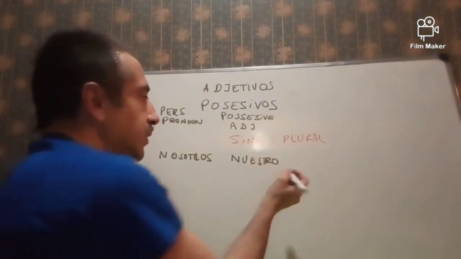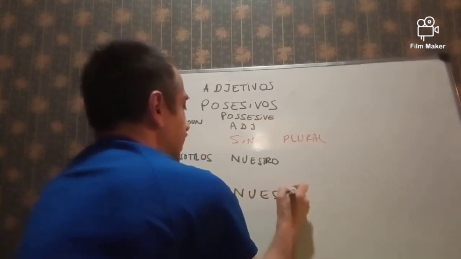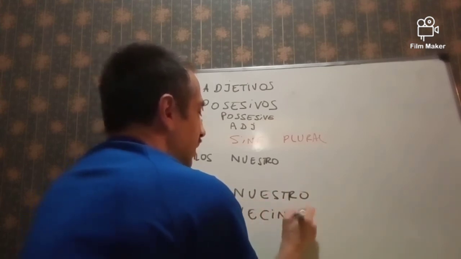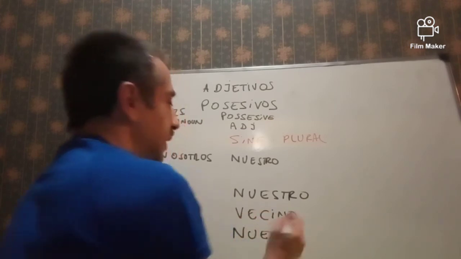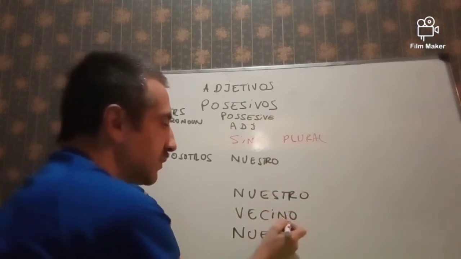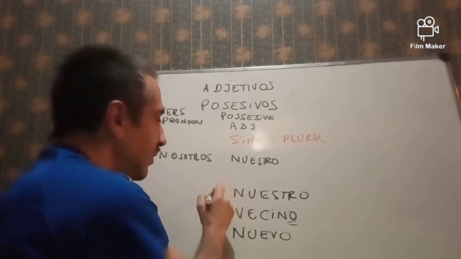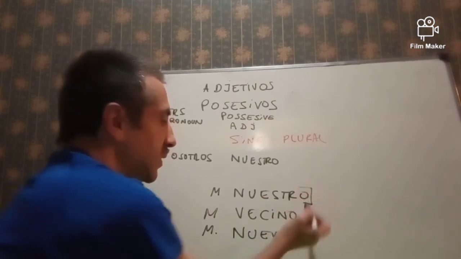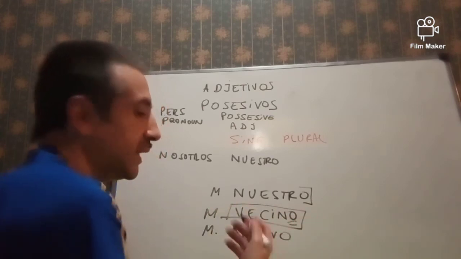An example, nuestro vecino nuevo, our new neighbor, nuestro vecino nuevo. As you see, the word vecino is masculine, so the adjective is masculine, and the possessive adjective must be masculine as well, because it's modifying the noun vecino.